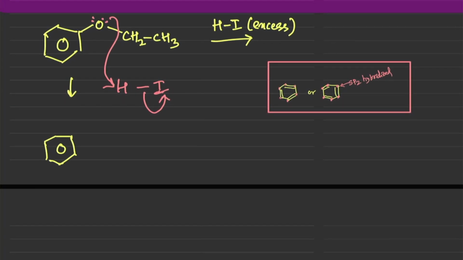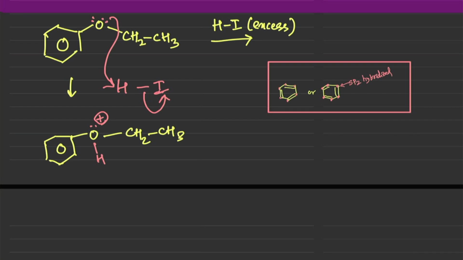We have our benzene ring, then O, CH2, CH3, and the oxygen has abstracted a proton. So we have our H, and there is a positive charge right there. Oxygen has 3 bonds, so it should have a positive charge.